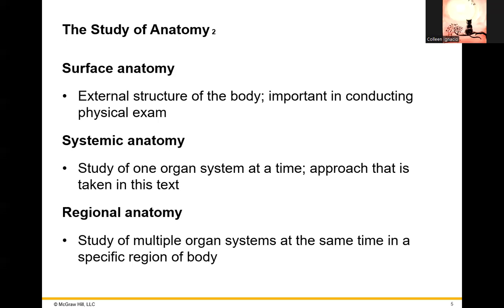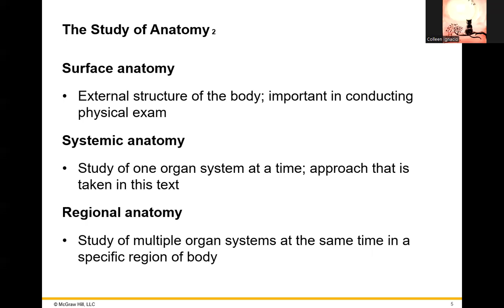When we do look at anatomy and physiology, we always want to do it in a systematic way. A lot of times nurses will do a head to toe inspection or assessment of their patient. In anatomy and physiology, we're going to take one organ system at a time, and we're going to closely examine a body system, and we're going to look at the organs and the jobs that they perform.